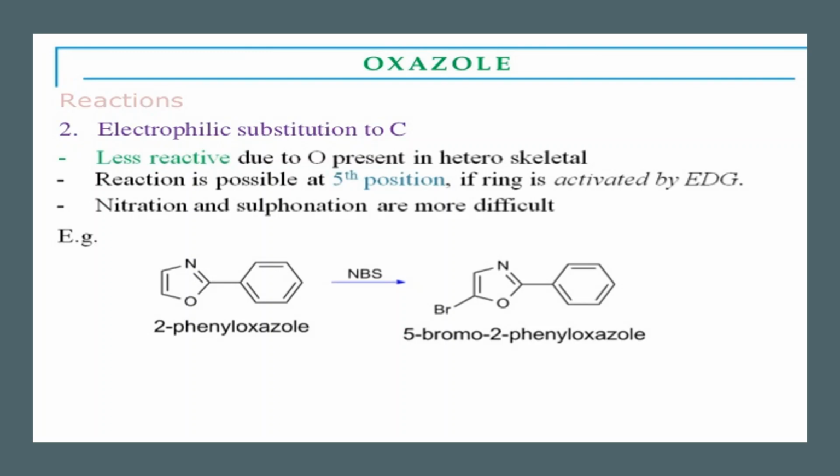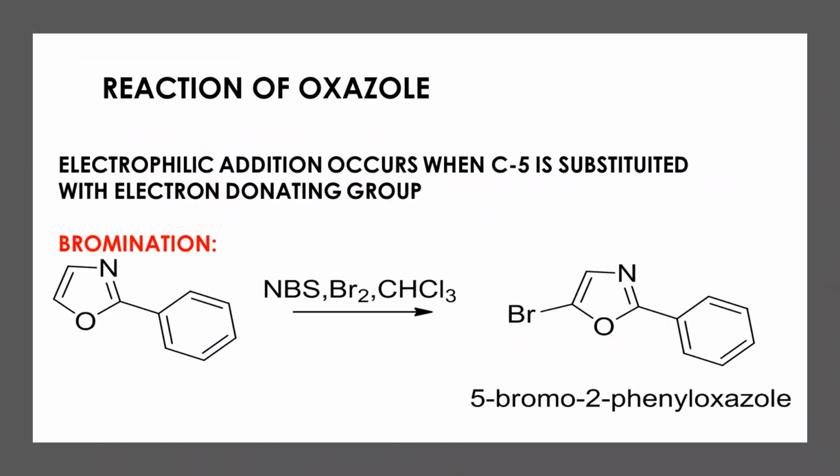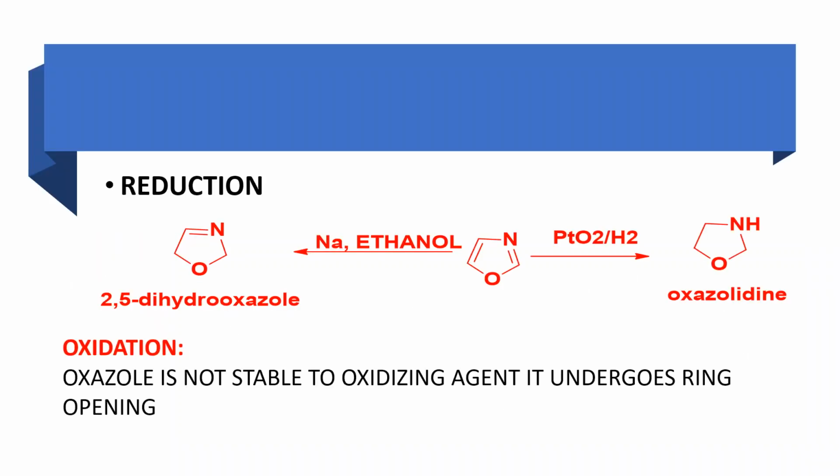If there is an electron donating group at the second position, then the reaction will occur. Otherwise, there is no possibility because of the oxygen. The electron density is less, so these are less reactive than other compounds. Only when there is an electron donating group at the second position will it favor electrophilic substitution reaction at the fifth position.